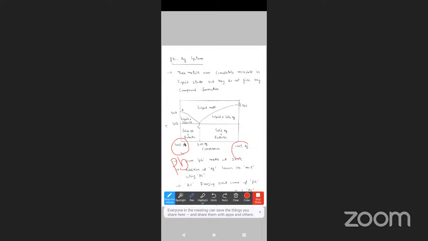Here 100% silver. This point A is 327, the melting point of lead. Pure lead melts at 327 degrees Celsius. Similarly, the melting point of silver is 961 degrees Celsius.